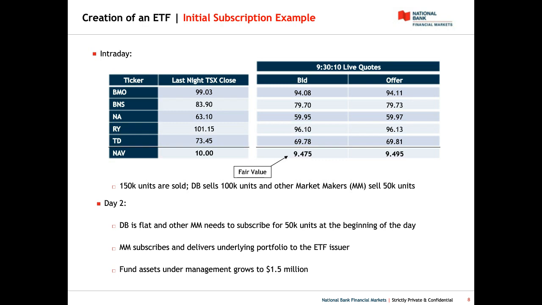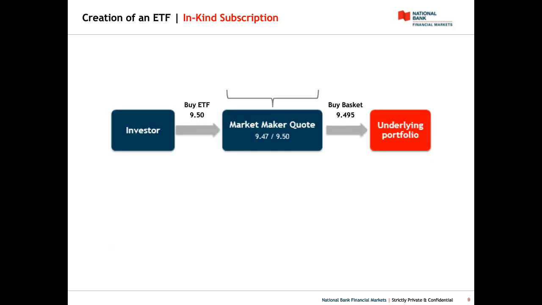So how does that subscription actually take place? Continuing with this example, the intraday fair value of the portfolio, as you remember, was 9.475 to 9.495. And we assume an investor bought ETF shares from the market maker half a penny higher than that fair value, which was on the offer at 9.50. The market maker immediately turned around and bought the underlying portfolio at 9.495. So the market maker is now short the ETF they sold to the investor and long the stock they bought.